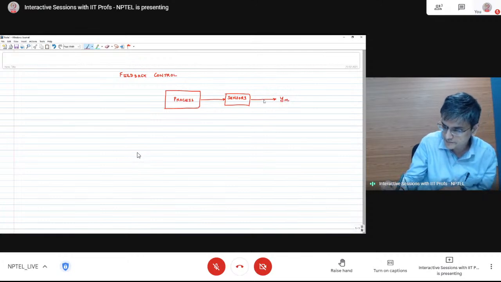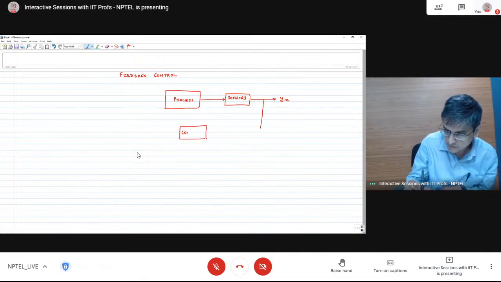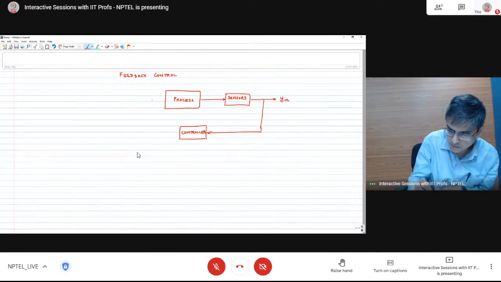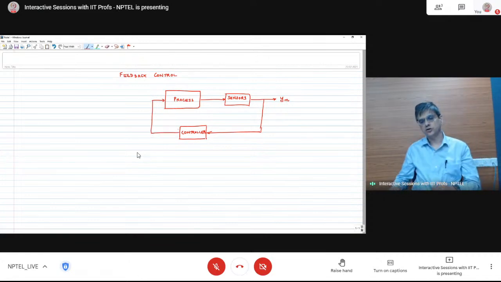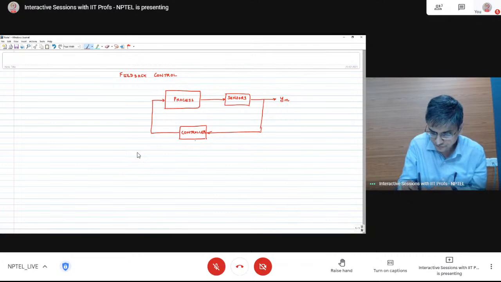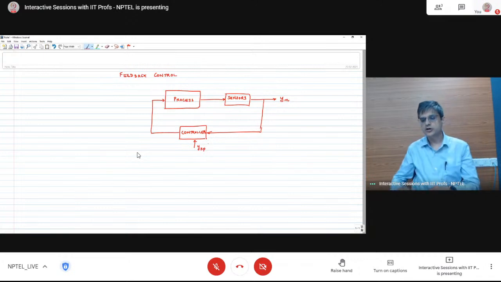These are your Y measured. This is your controller. And maybe this is your set point. This is the kind of structure that we have basically seen over here.